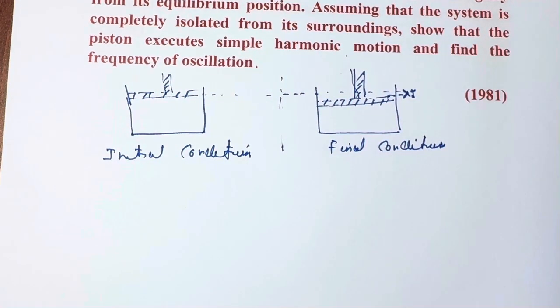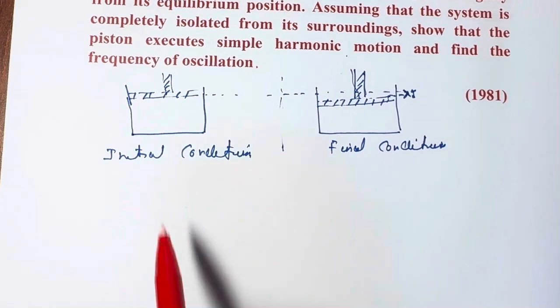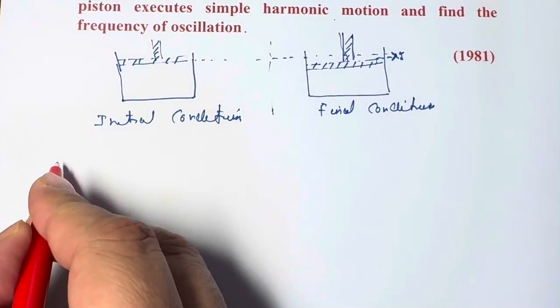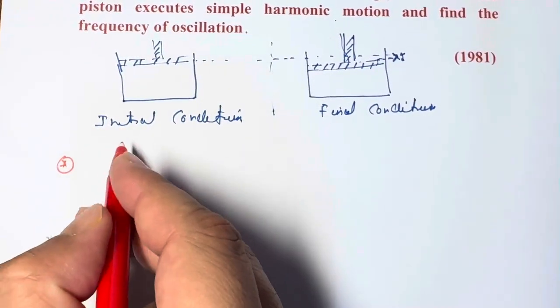So initially it is given that the piston is in equilibrium. Okay. So let us start from the equilibrium condition.